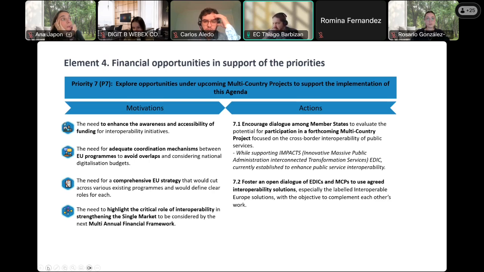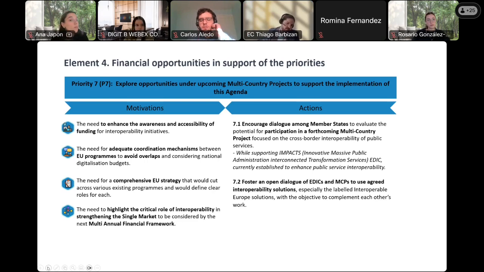In January 20th, I think, the Commission published a call for multi-country projects under DEP, and this will steer the development of interoperability solutions for sure as an outcome when you have member states working together to develop these assets for cross-border digital public services.